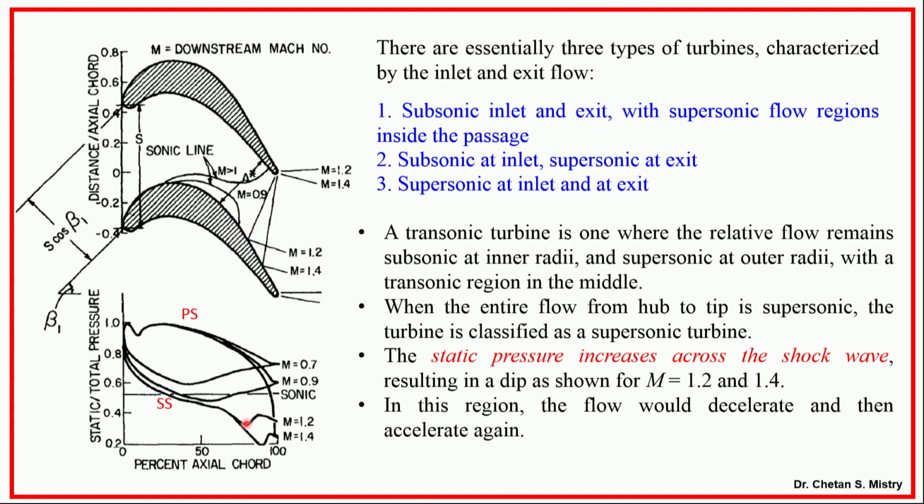So, this is the rise of pressure, and then again it accelerates. Similarly, for 1.4, this is the situation. So, initially you have deceleration of flow and then acceleration of flow again.